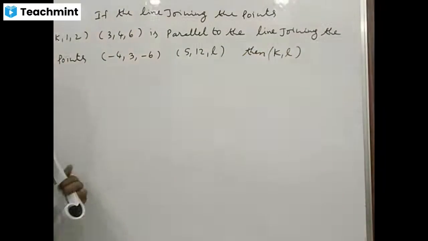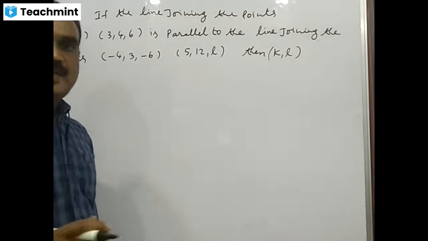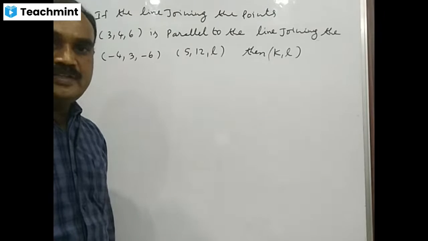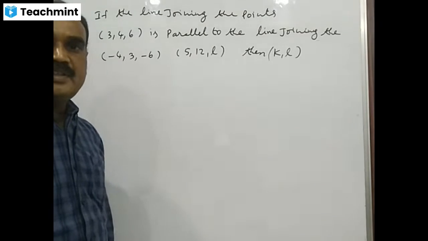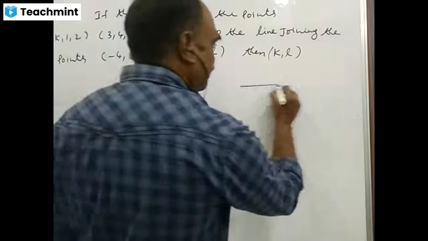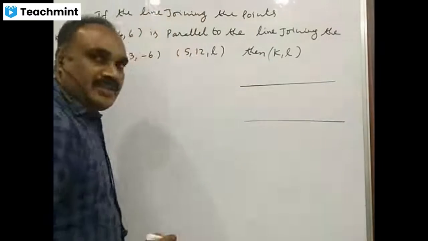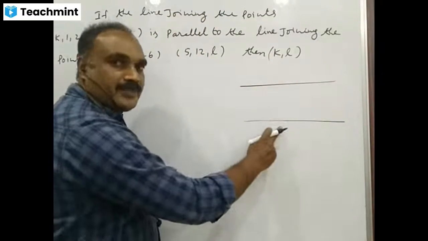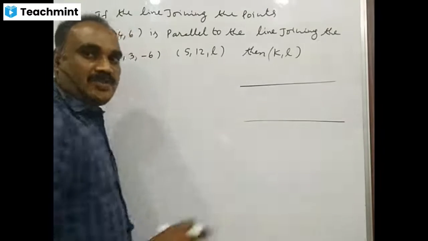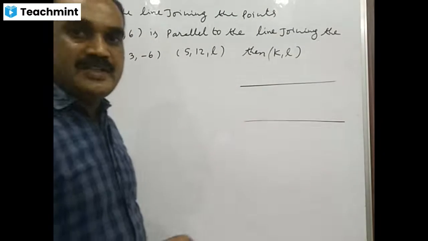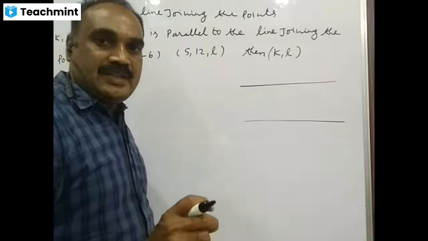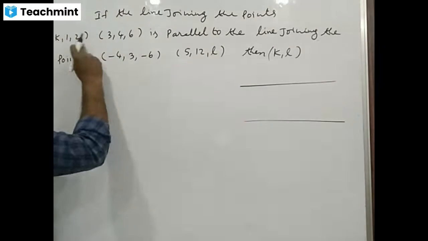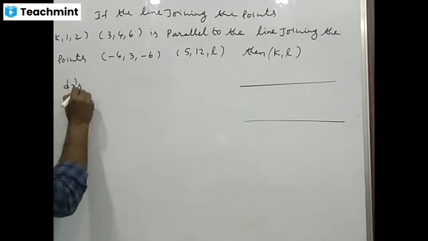First, if two lines are parallel, then the formula is a1 by a2 is equal to b1 by b2 is equal to c1 by c2, where a1 b1 c1 are direction ratios of line 1 and a2 b2 c2 are direction ratios of line 2. So first calculate direction ratios of line 1.